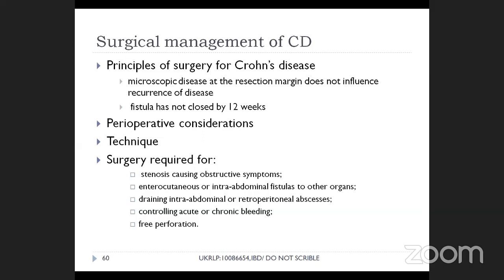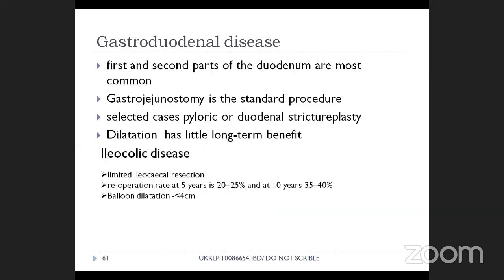As I said earlier, Crohn's disease can happen in any part of the intestinal segment from mouth to anus. So we are going to think about different aspects of Crohn's disease in different segments of the intestine.